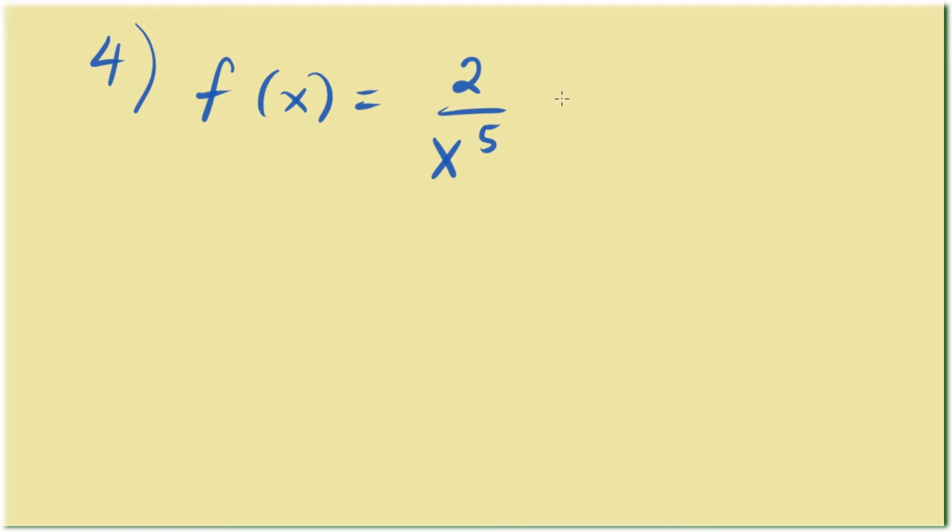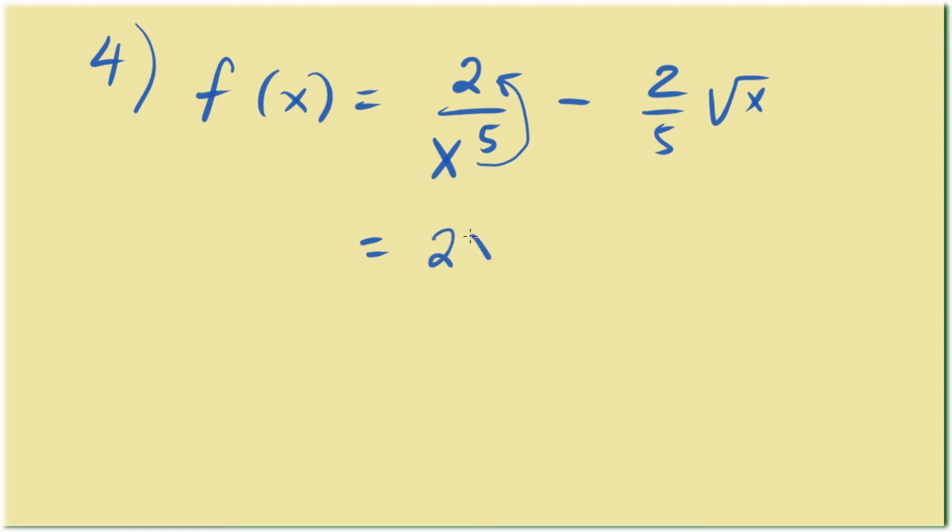How about problem 4? Okay, let's say we have 2 over x to the fifth minus 2 fifths, again, square root of x. We have to move this x to the fifth to our numerator.